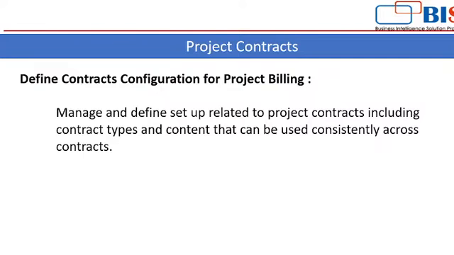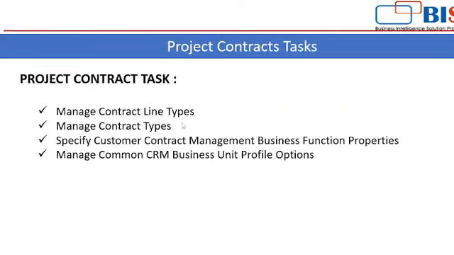So when we create the invoice in the project module, we do it through the contract. Now these are the setups related to the contract area that you have to configure for the integration purpose from the project module to the AR module.